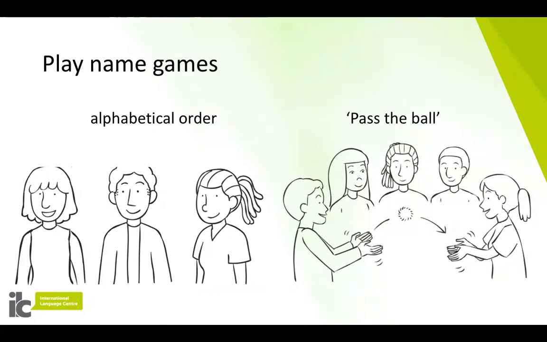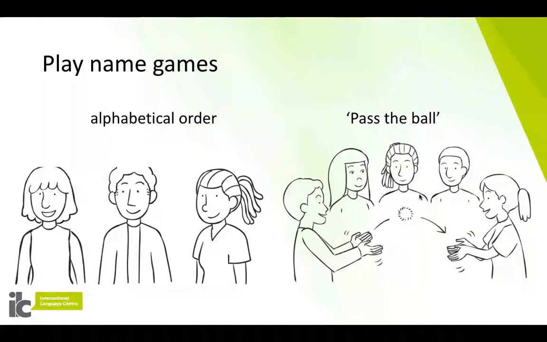Of course, this can be done only in an offline class. If you have a ball, great. If you don't, you can take any toys that you have in your classroom, or you can just make a ball out of a piece of paper. That's it, the ball is ready, easy peasy.